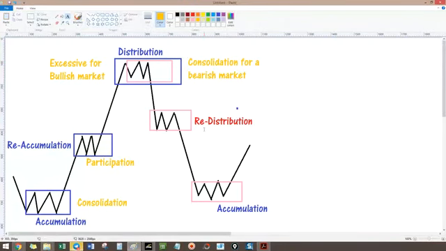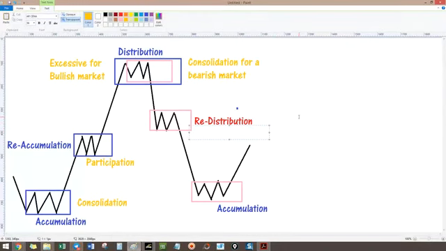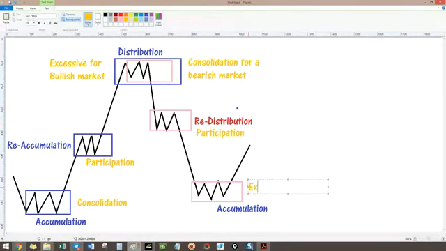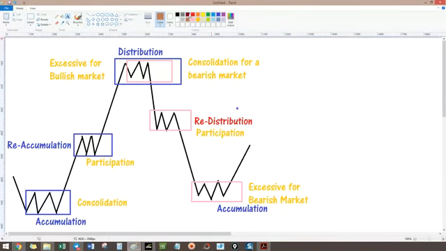Over here is participation, and over here is excessive for a bearish market. So all of this, 1, 2, 3, 4, 5.